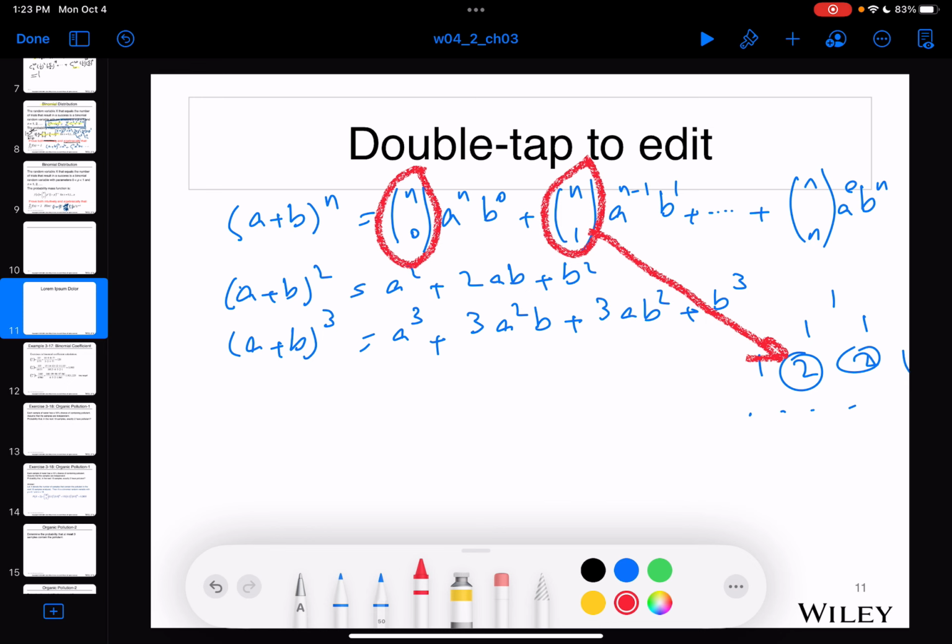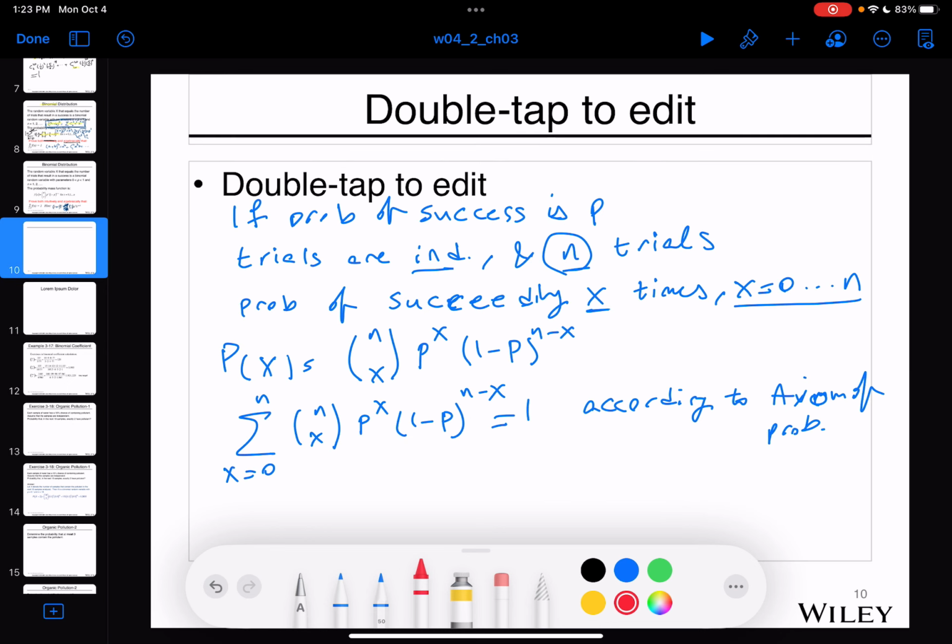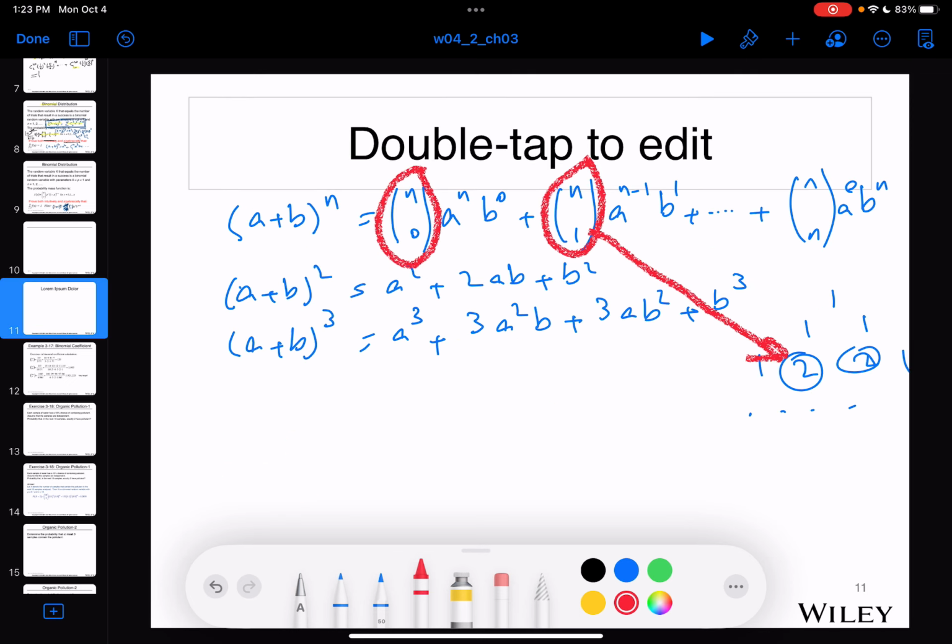So basically all we want to do now is to prove that this equality holds. We want to prove this, but we don't want to use the axiom of probability. We want to algebraically show that this is correct. So any ideas how we can do that, knowing this equation?